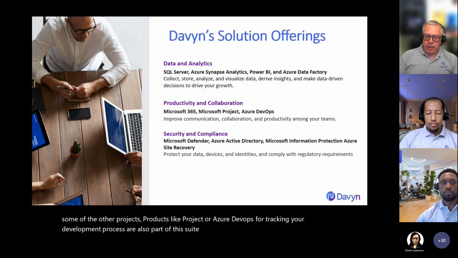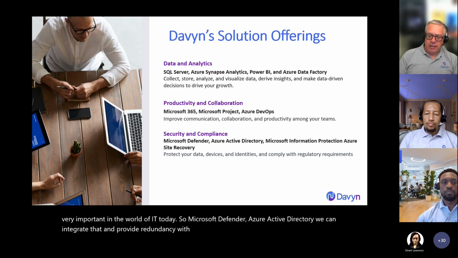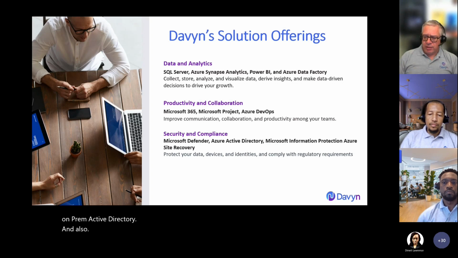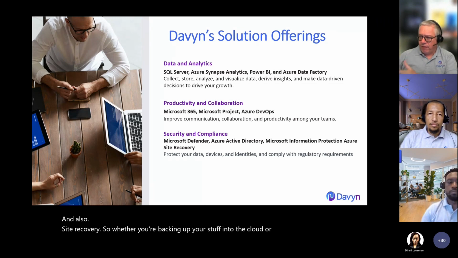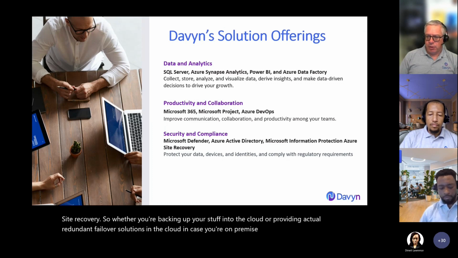And finally, security and compliance, which is very important in the world of IT today. So Microsoft Defender, Azure Active Directory, we can integrate that and provide redundancy with online versions of it that are integrated to your on-prem Active Directory. And also site recovery. So whether you're backing up your stuff into the cloud or providing actual redundant failover solutions in the cloud in case your on-premise solution goes down. So that's us in a nutshell.